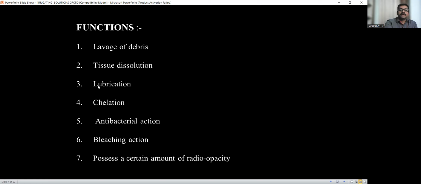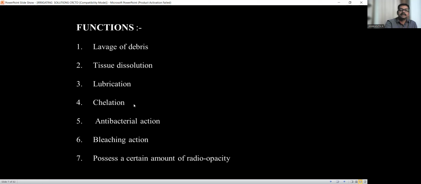Next one is lubrication. When you use a root canal instrument for instrumenting the root canal system, certain irrigants like EDTA help to give some lubrication for your instruments, so that the instruments do not get fractured easily. And the next point is chelation.